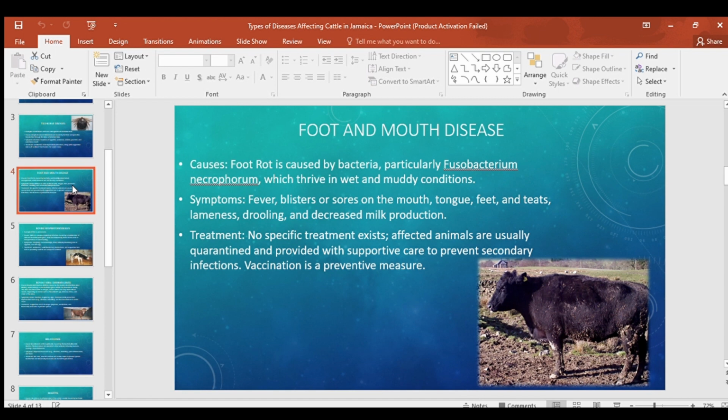This has to be one of the most devastating diseases, because it causes blisters, and can you imagine when you get a cut on your skin, or even a blister or a bump or a sore, how hurtful that is? The animal's skin is sensitive as well, so they can feel it, it's painful to them.